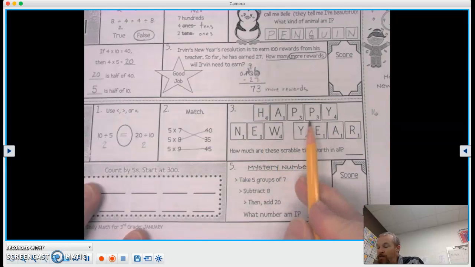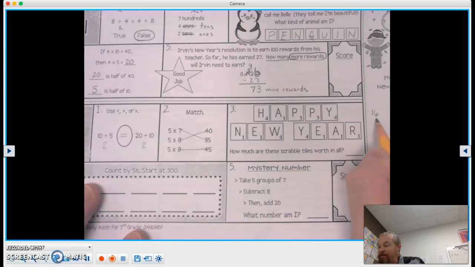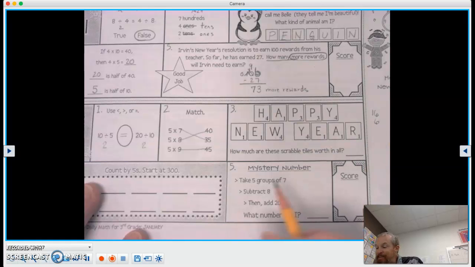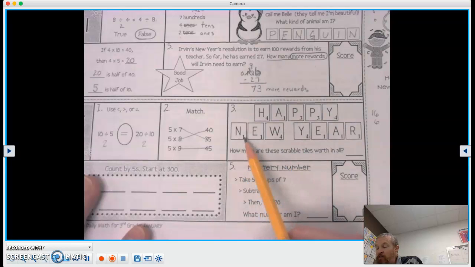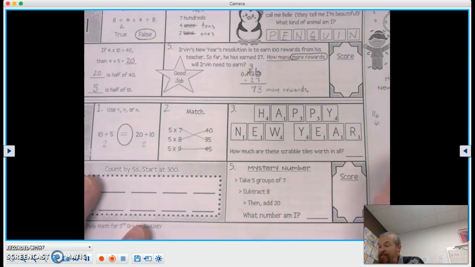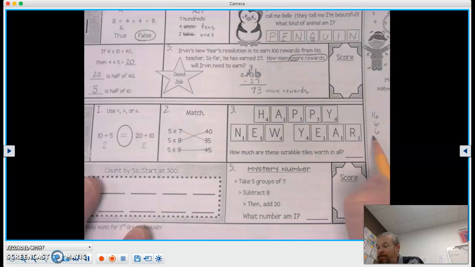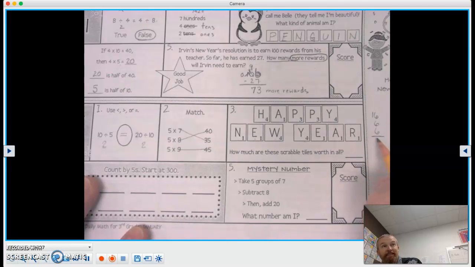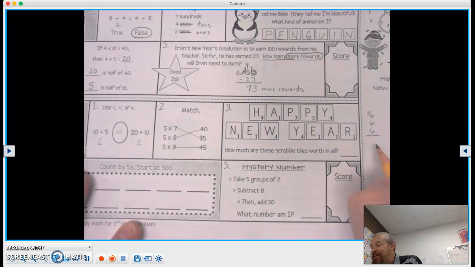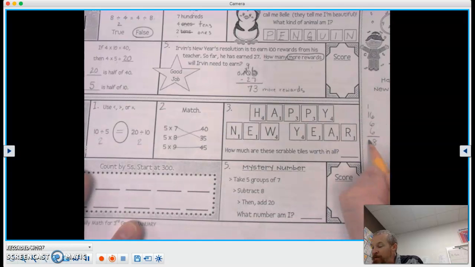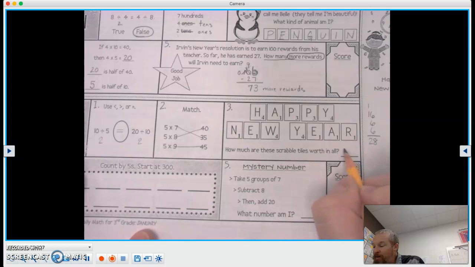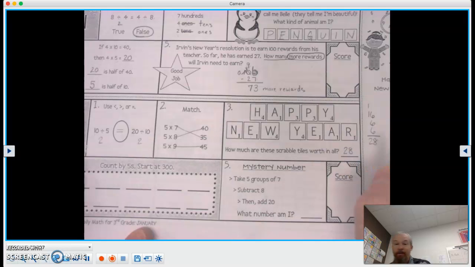We have 2 3s, which is 6, 0 2s, and we have 1, 2, 3, 4, 5, 6 1s. So 6 plus 6 plus 6, or 3 times 6 equals 18. And 1 plus 1 is 2. So all in all, we have 28.